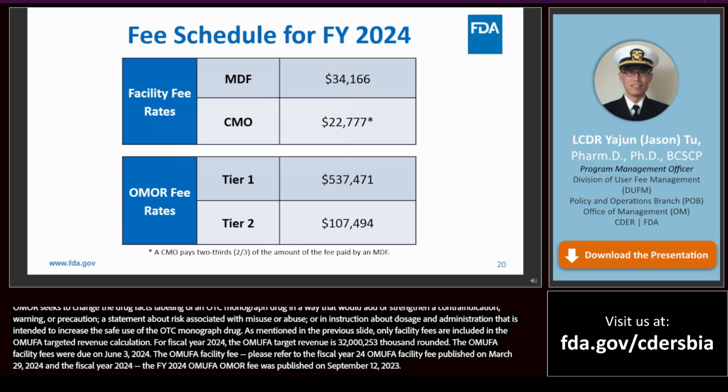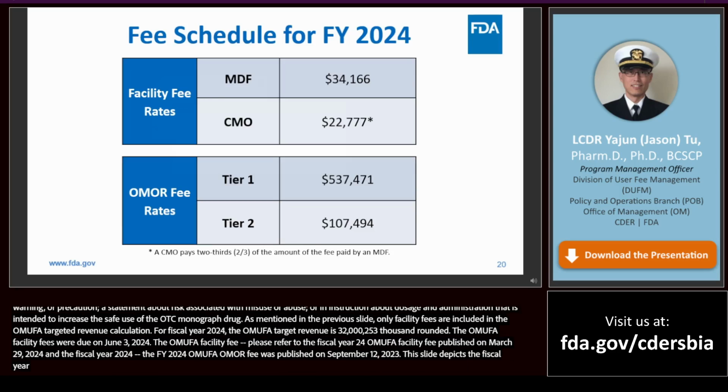This slide depicts the fiscal year 2024 OMUFA fee rates. For fiscal year 2024, the MDF fee is $34,166 and the CMO fee is $22,777.